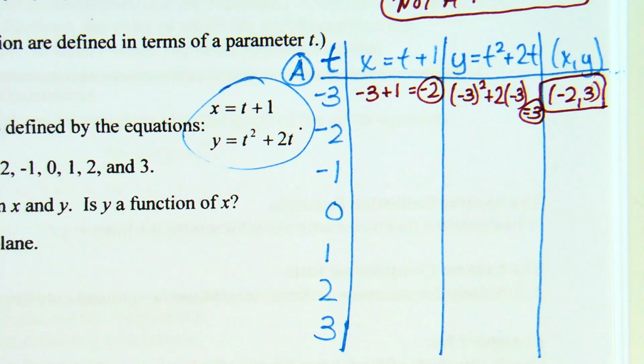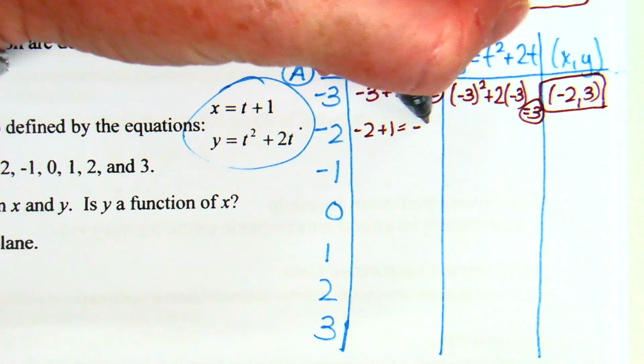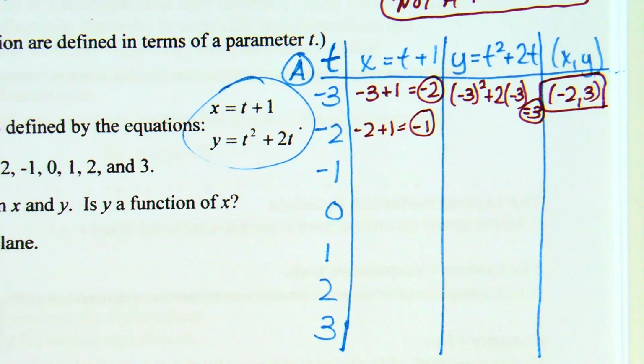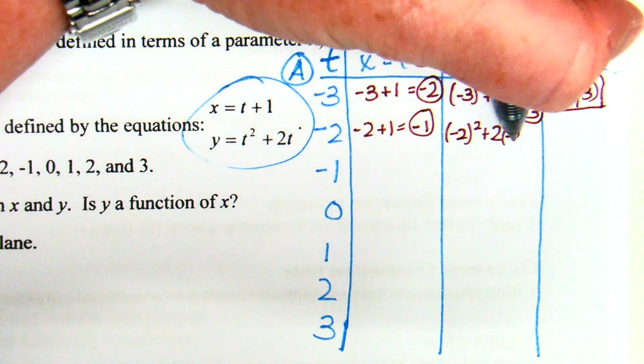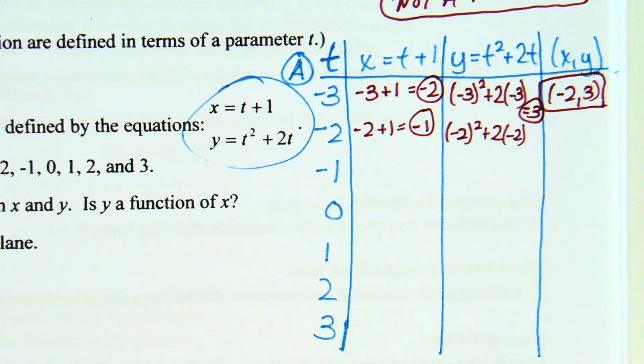Okay. So now, what if t is -2? -2 plus 1 is -1. What if t is -2 and we're trying to find y? -2 squared, which is 4, plus 2 times -2.